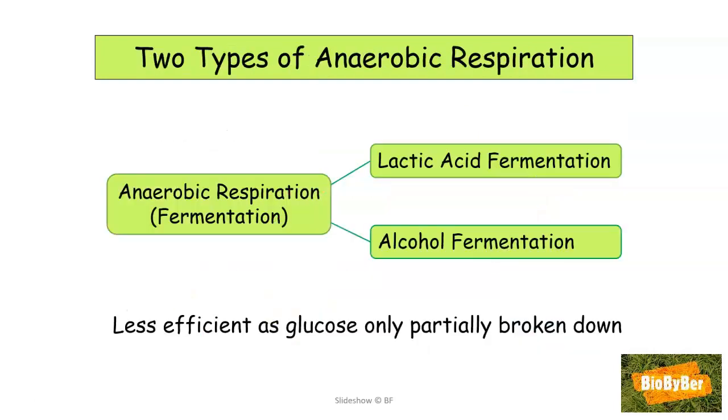So, if you like, there are two types of anaerobic respiration: lactic acid fermentation and alcohol fermentation. Don't forget, anaerobic respiration is less efficient. It does not release as much energy from glucose as aerobic respiration. This is because the glucose is only partially broken down. Let's have a look at each of these types of anaerobic respiration in turn.